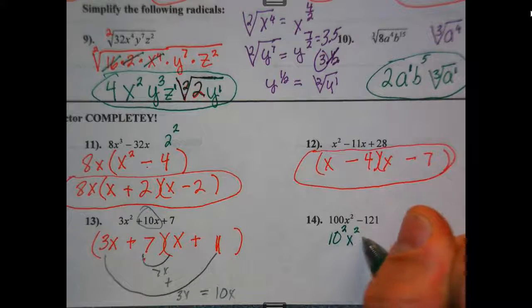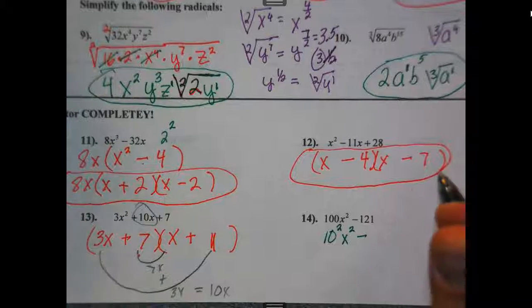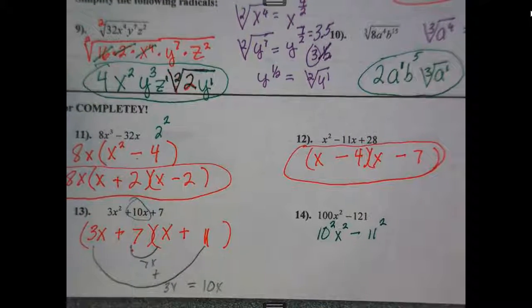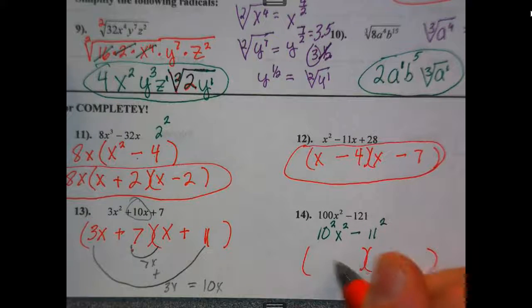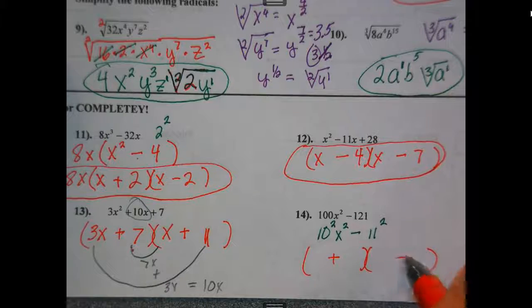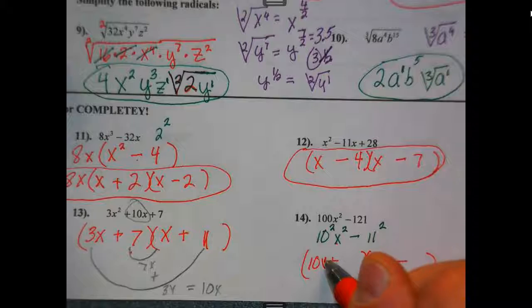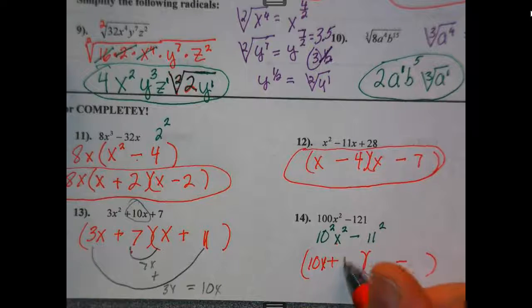X squared minus... is 11 on there, or does it only go up to 10? It goes up to 15, so you have 11 squared on there too. Okay, what's my a? 10x, the base 10x. What's my b? 11, the base 11.